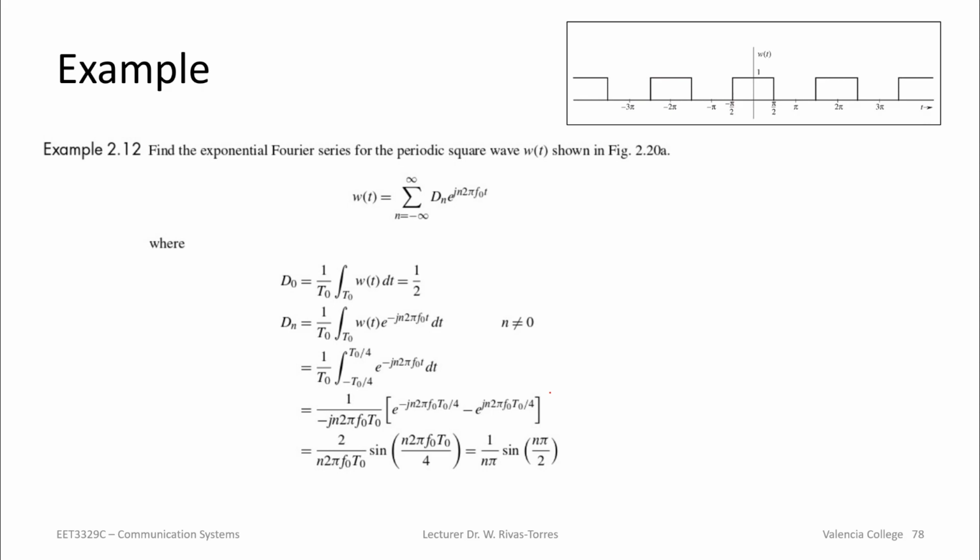so to complete the example, we end up having that the D n values for this square wave end up being 1 over n pi sine of n pi over 2. Okay? And again, I'll leave you guys to walk through the integral here.